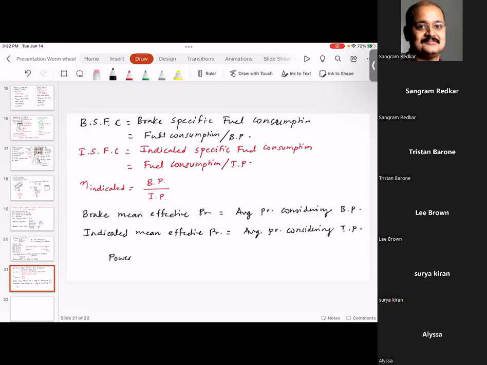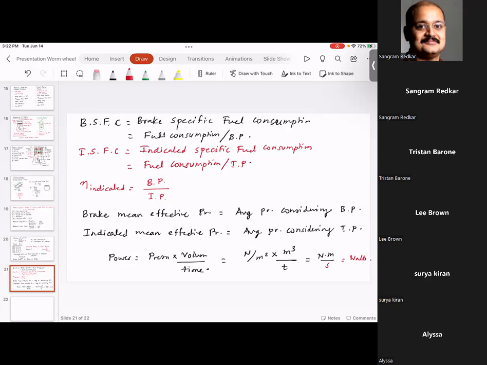So what is power? Power is pressure multiplied by volume divided by time. Pressure is Newton per meter square, volume is meter cube, divided by time, that gives you Newton meter divided by time, which is seconds, which is watts.